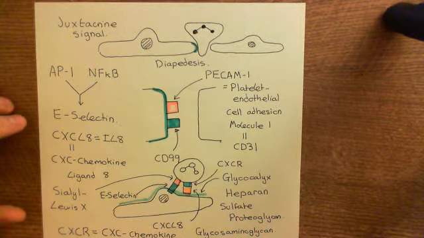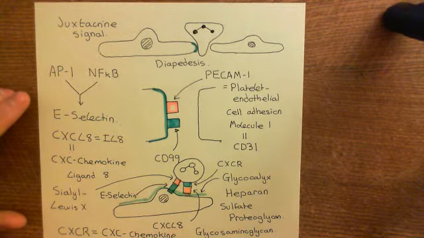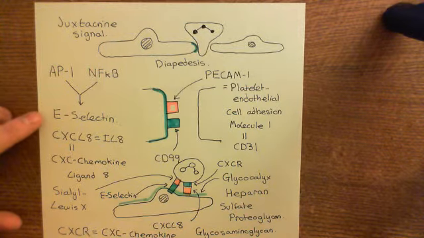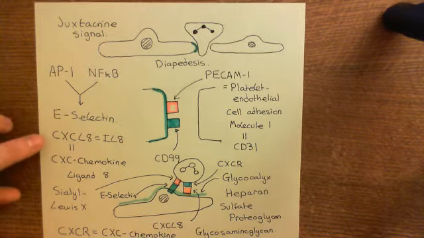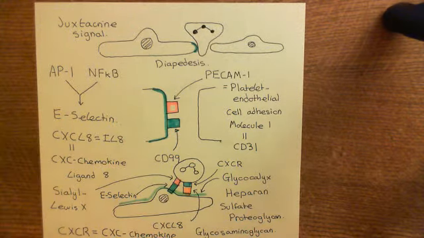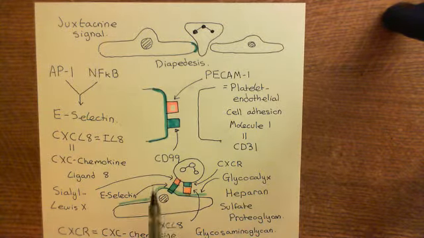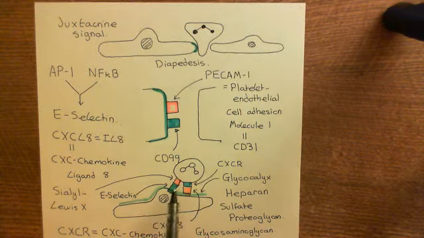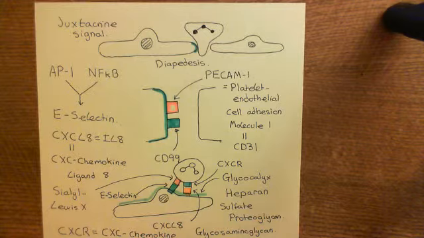Okay. Finally, we've also discussed how it will lead to the expression of E-selectin and CXC chemokine ligand 8, or interleukin 8, which will both also help with the type 1 activation mechanism for recruiting neutrophils. So the E-selectin will bind to sialyl Lewis X on the neutrophil, and that will tether the neutrophil to the endothelial cell.